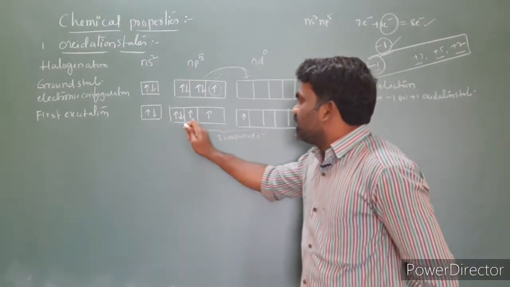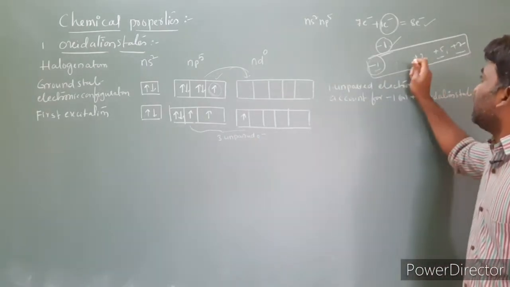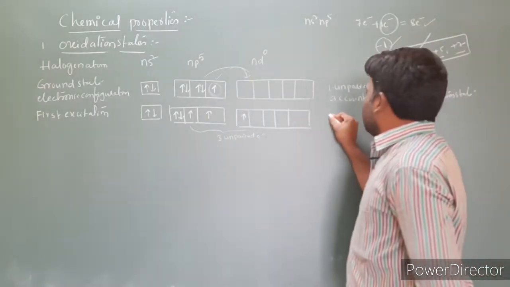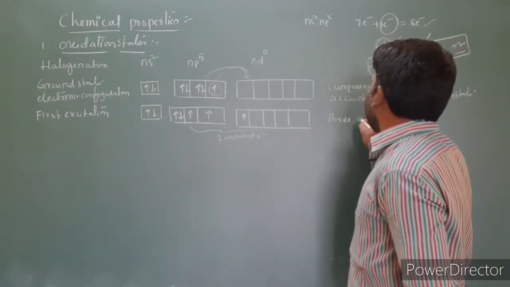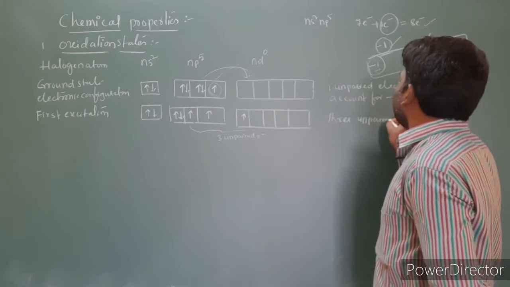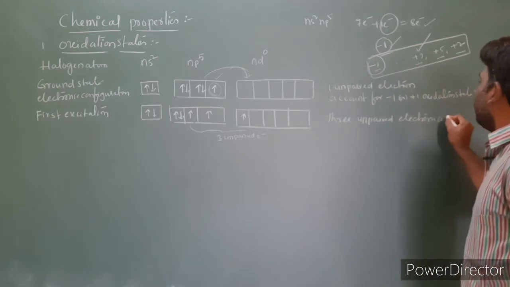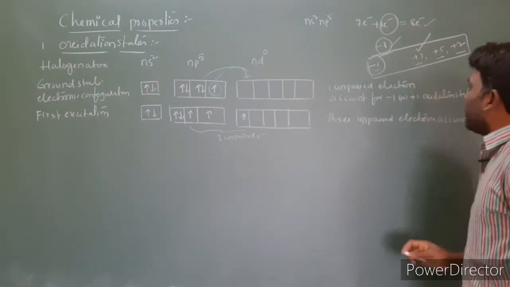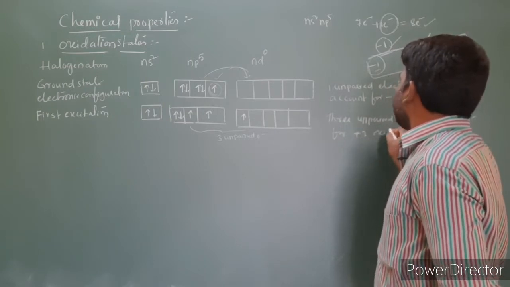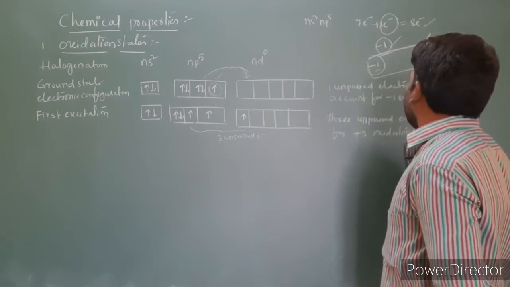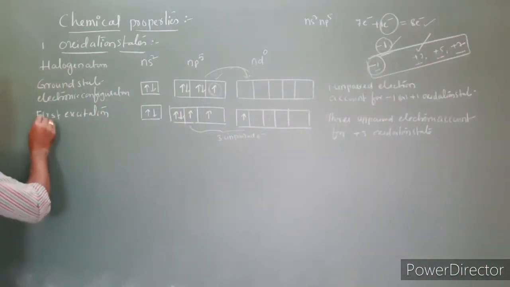So the point is that 3 unpaired electrons account for the +3 oxidation state.